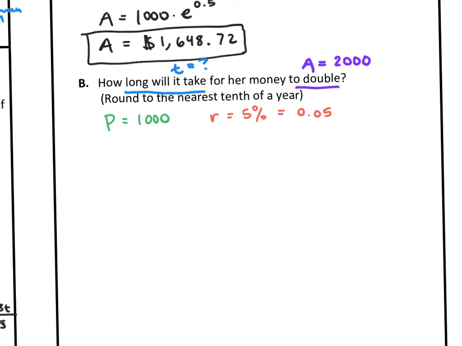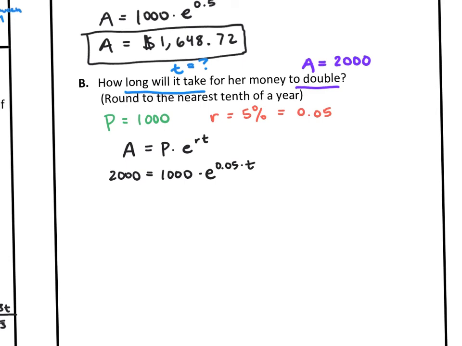If I write out the formula and substitute everything that we know, we have A is equal to 2,000 equals 1,000 times e to the 0.05 times t.